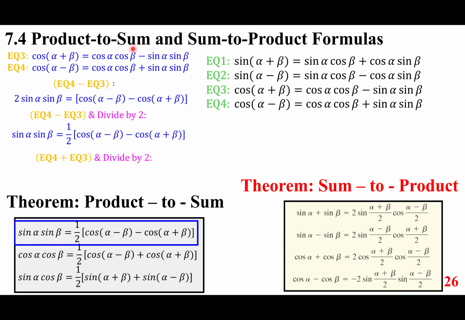So equation 4 plus equation 3 divided by 2. I hope you see that it gives you cosine alpha, cosine beta, 2 of them equals the sum of these two, and these two cancel each other. But you're going to divide by 2, that takes care of the business. Cosine alpha cosine beta is half of cosine alpha minus beta plus cosine alpha plus beta.